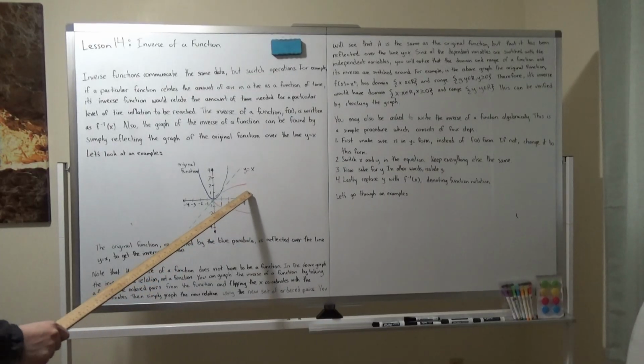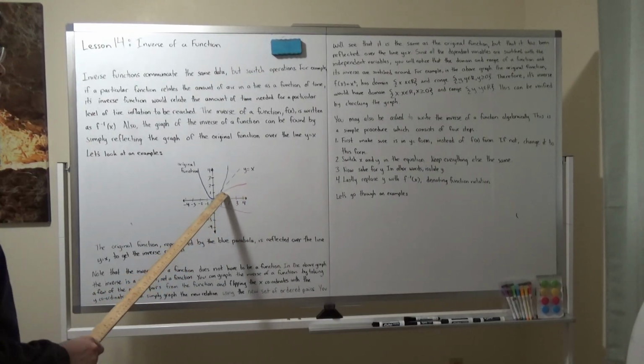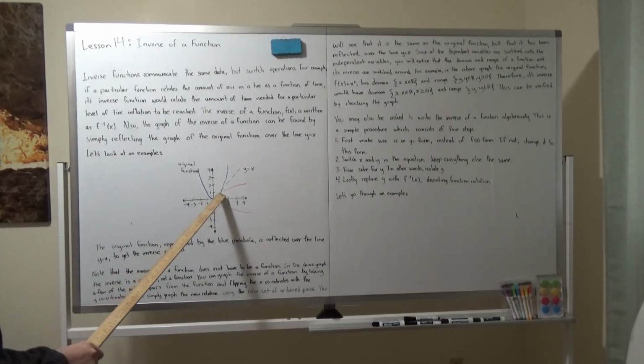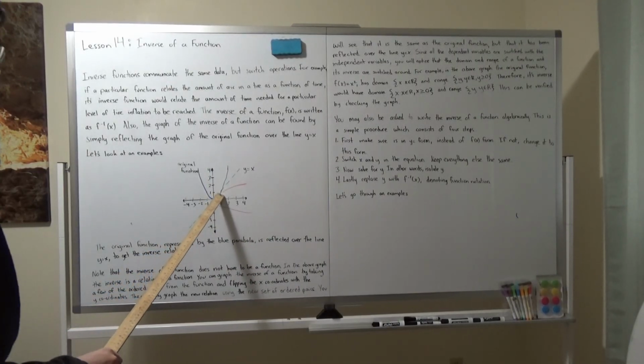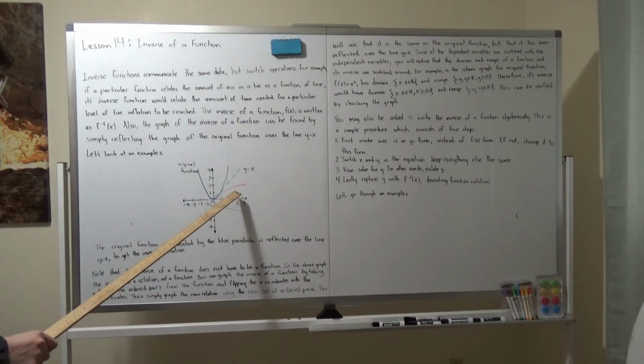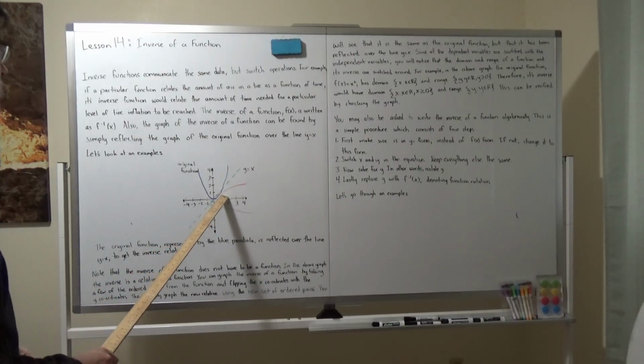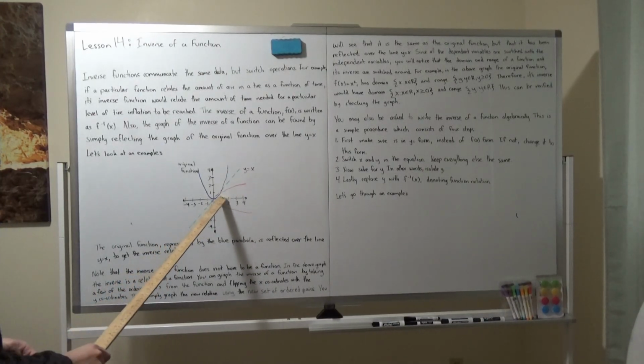To get the red function, which is the inverse function, we take every point on the blue function and we switch the x and y coordinates. That's the same as reflecting it over the line y equals x. So we take 1, 1, we switch x and y coordinates, it's still 1, 1.